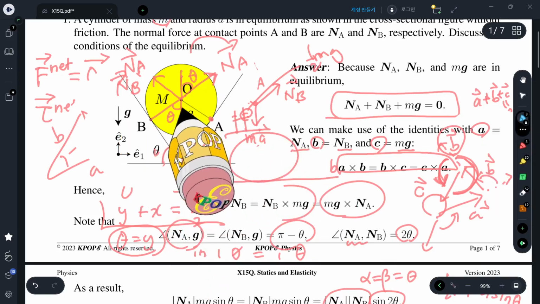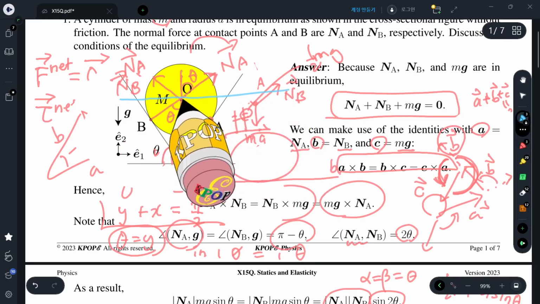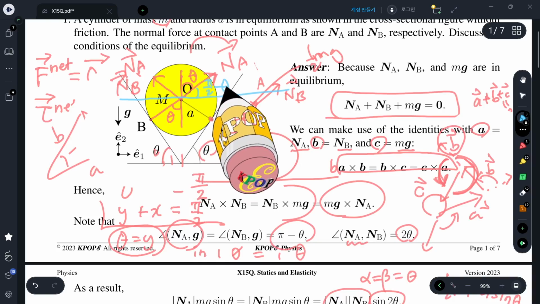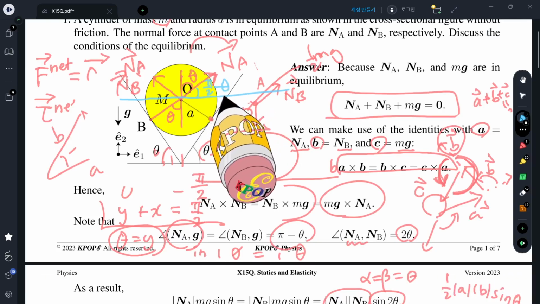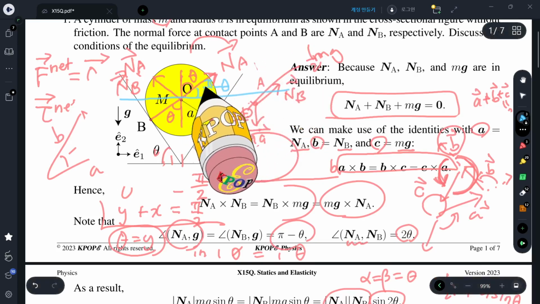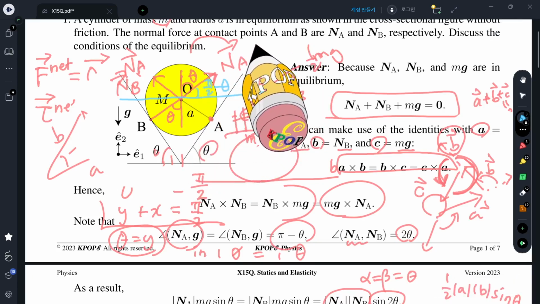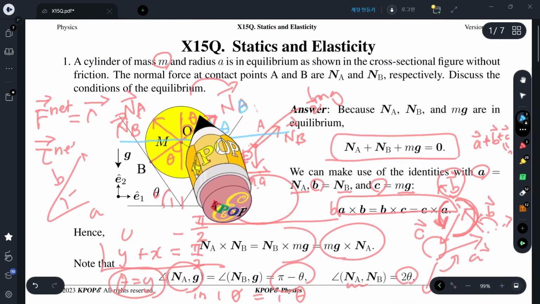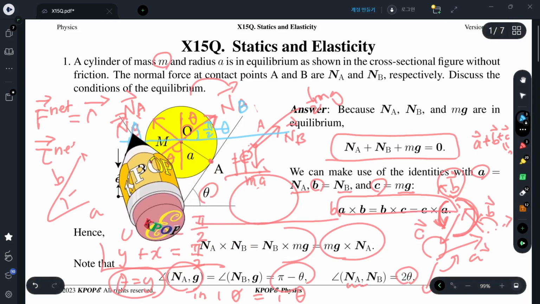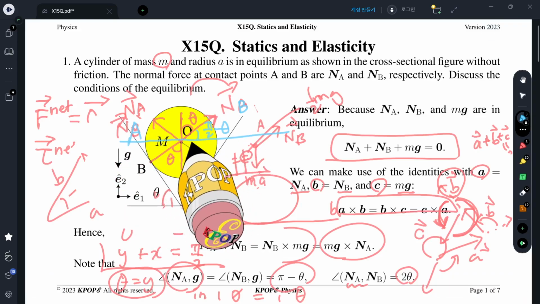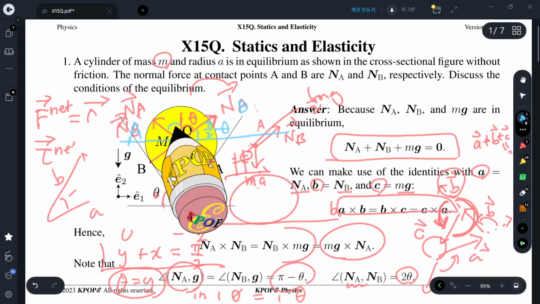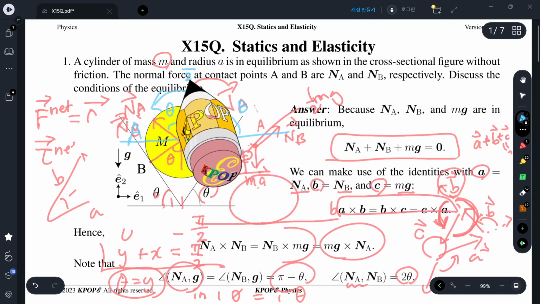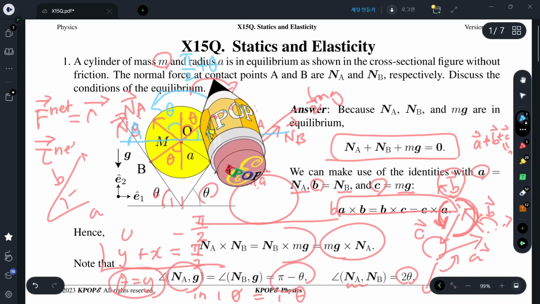If I draw a horizontal line, what is this? This is 1/2 of pi minus theta. So this direction should be NB in this case. This should be NA. Okay, in here, what's that? This is theta. So this angle is 1/2 of pi plus theta.